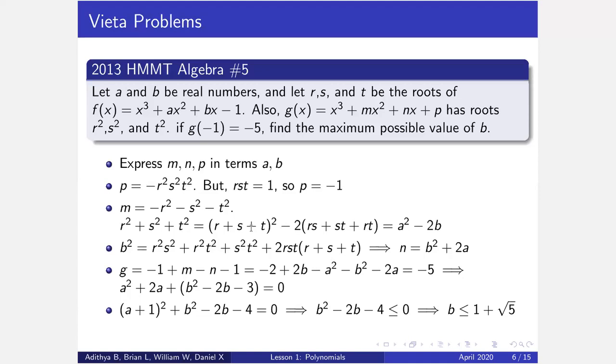This just means that x squared is greater than or equal to 0. So if you look at the last equation, we have that a plus 1 squared has to be greater than or equal to 0, which means that b squared minus 2b minus 4 has to be less than or equal to 0. Okay, looks like there are no other questions, so we're just going to move on.